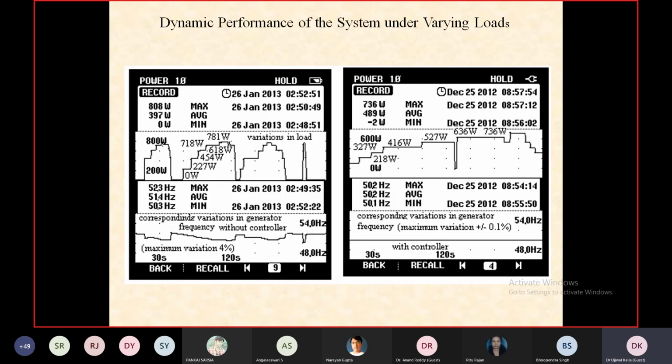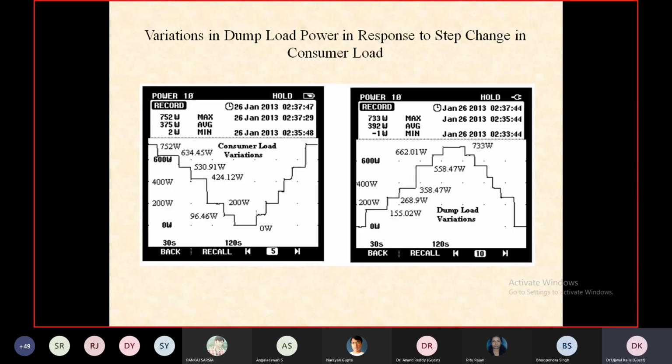But as far as intercontinental grids are concerned, a variation of 0.1 Hz in the frequency is not acceptable. But in renewable power generation systems, a variation of up to 0.5 Hz is acceptable. So here the variation is only 0.1 Hz. So it is acceptable as per the IEEE standards and other international standards in this area.